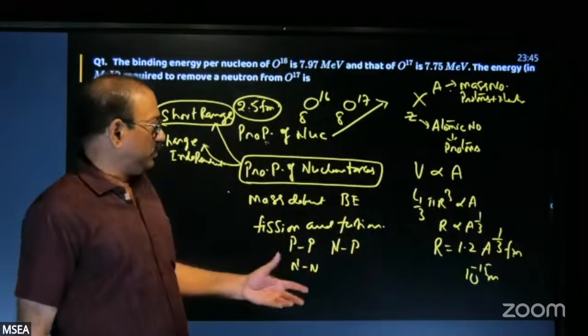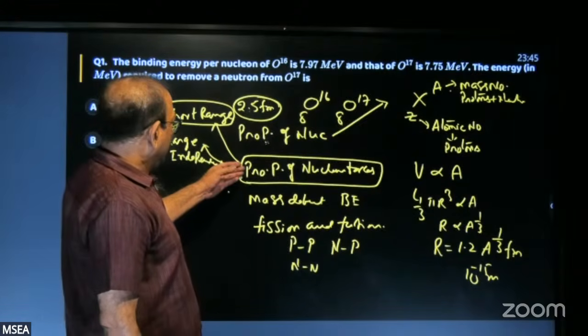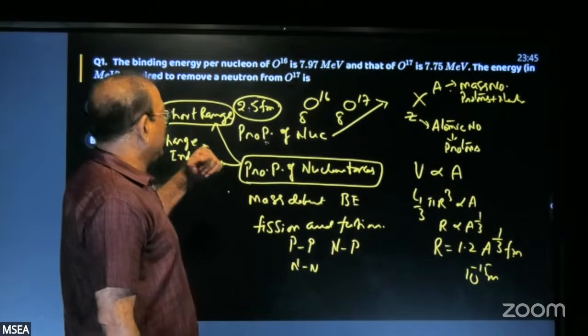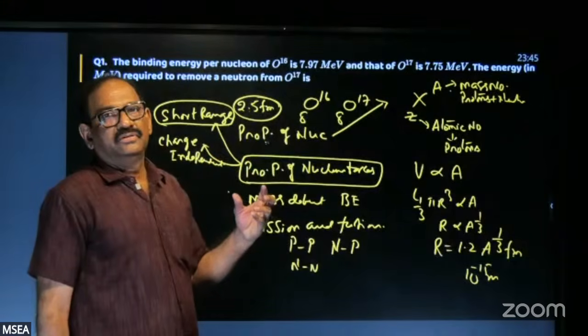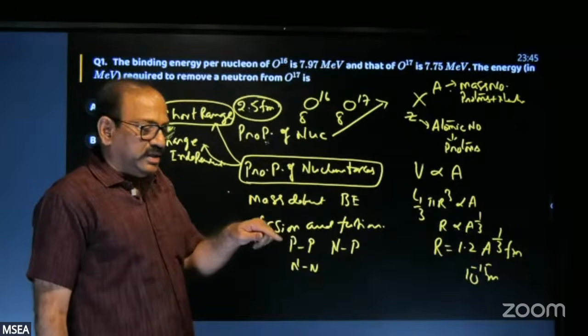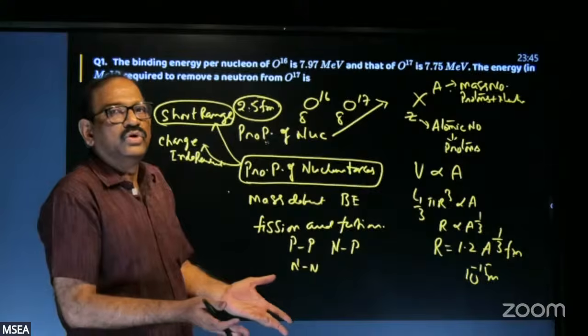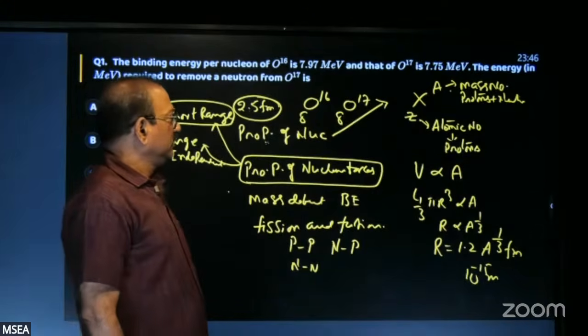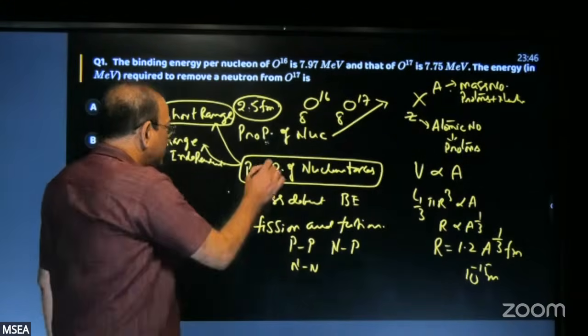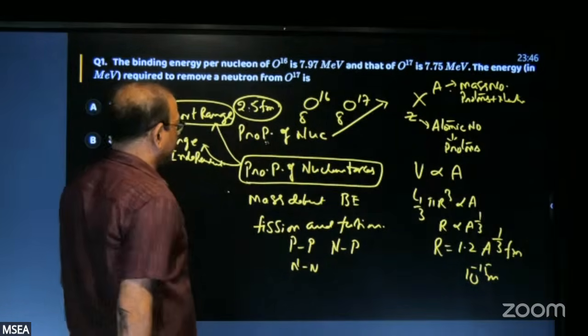These Coulomb repulsive forces are long-range forces. But nuclear attractive forces are short-range. A nucleon will interact with only the nearest neighbors, not with all the remaining nucleons in the nucleus. As these attractive forces are short range, heavier nuclei are unstable.